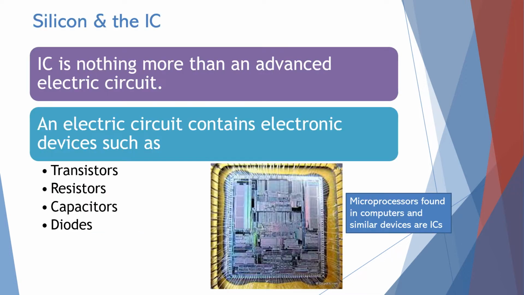In simple words, an integrated circuit is nothing more than just an advanced electronic circuit. As I mentioned previously, it contains transistors, resistors, capacitors, diodes and many more. The microprocessor found in computers and similar devices is considered an integrated circuit.